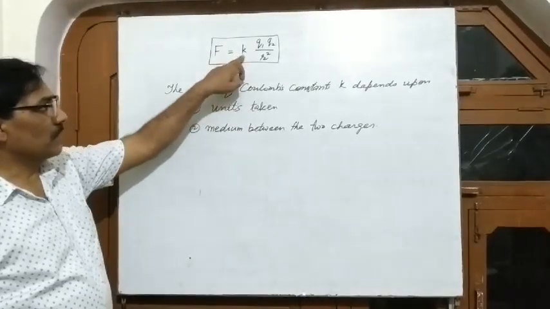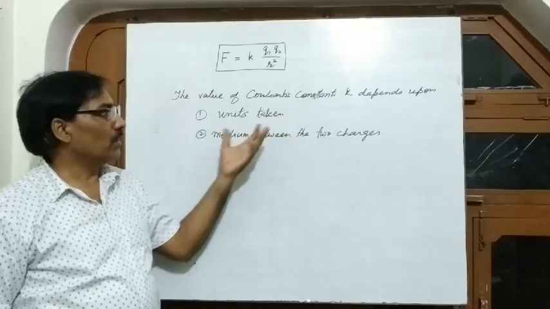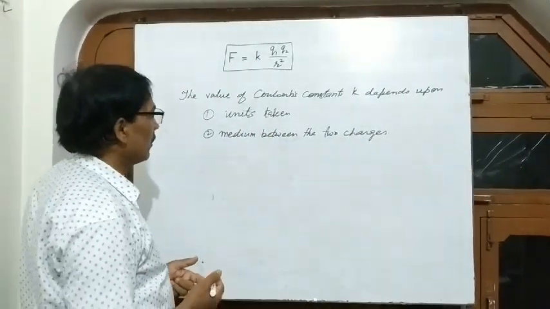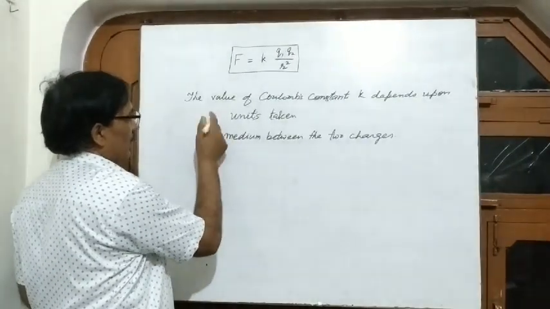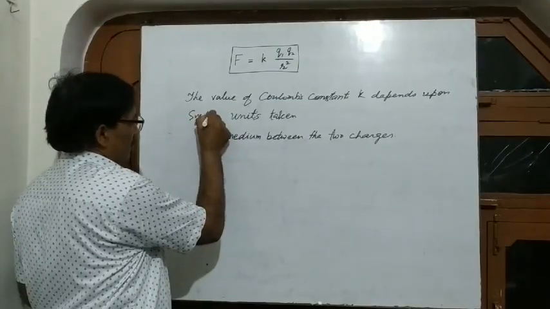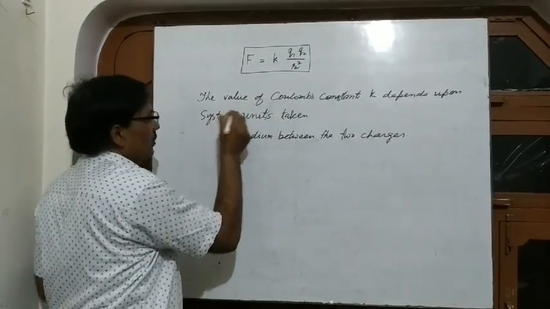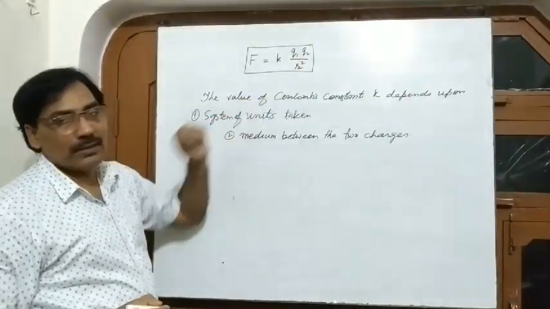The value of this constant K depends upon the units taken. What are units? The system of units. In which system you are taking the units, and you can write this as system of units taken. In which system you are taking the units of this charge and the distance between the two charges.